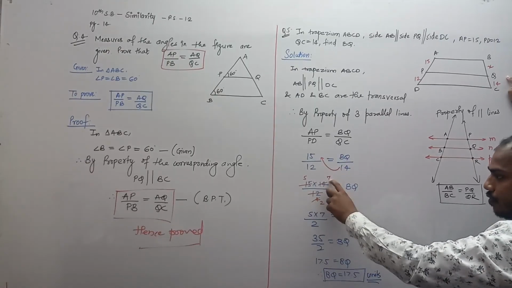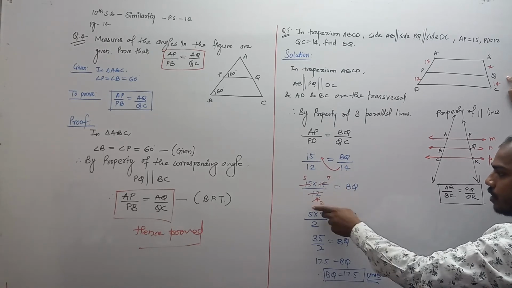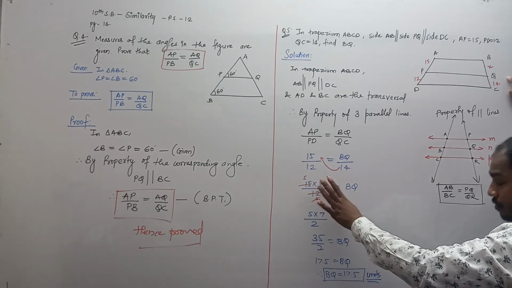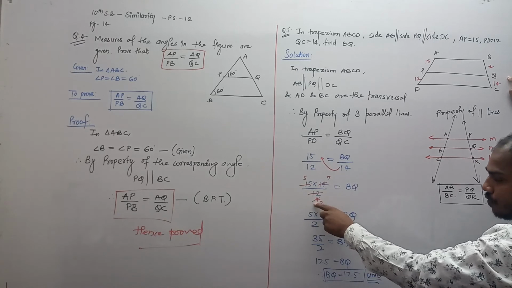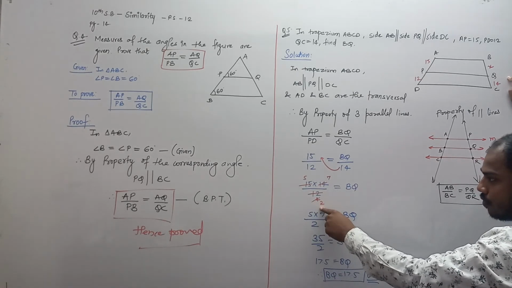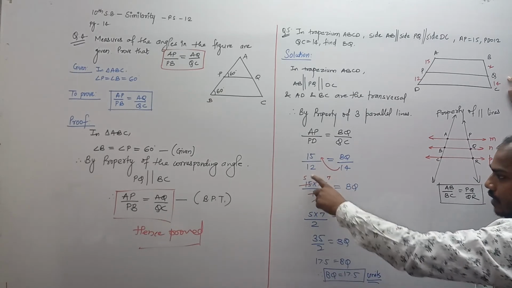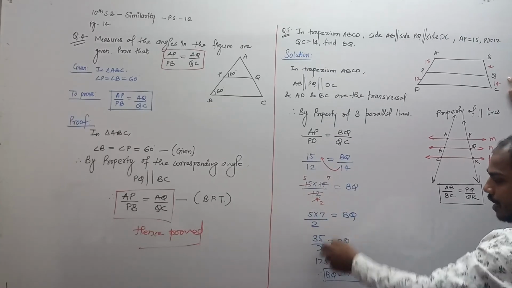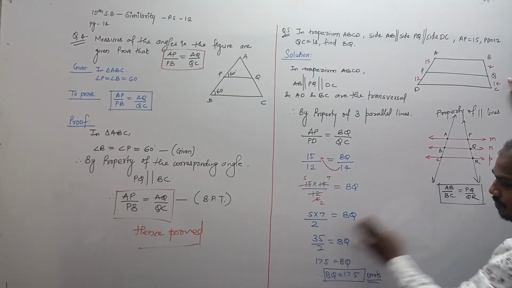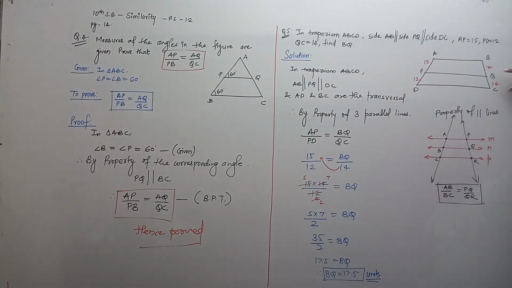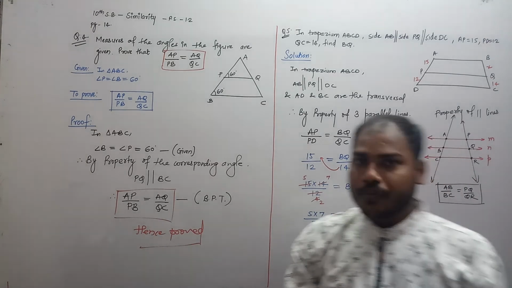And 4 and 14 can be divided by 2. So 2 twos are 4, and 14 becomes 7, and 7 fives are 35, and 2 as it is. So 35 divided by 2 becomes 17.5. So the value of BQ is 17.5. I hope this is clear. Thank you very much.